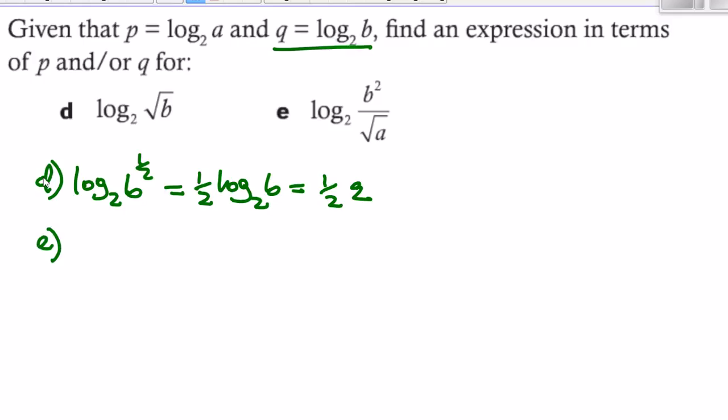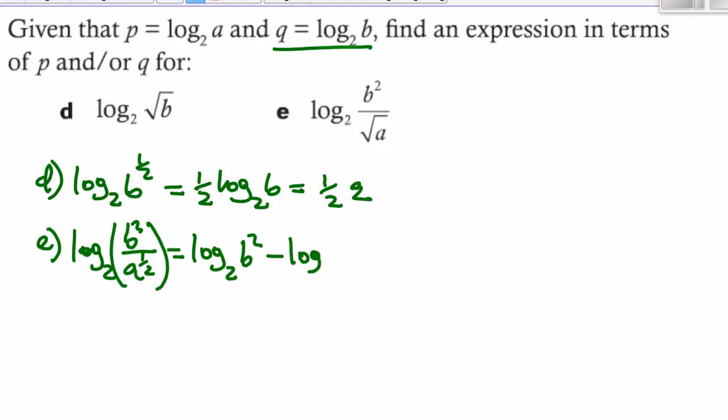And then for E, we have log to base 2 of B squared over A to the power a half. So I'll expand this as log to base 2 of B squared minus log to base 2 of A to the power a half.